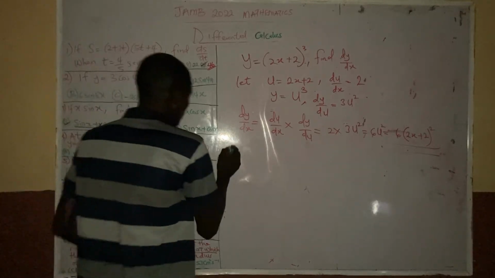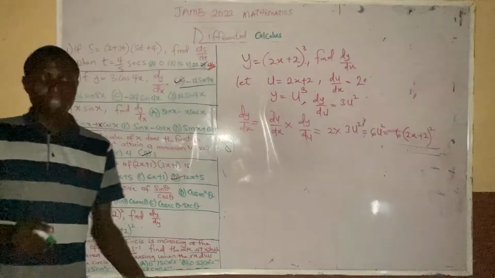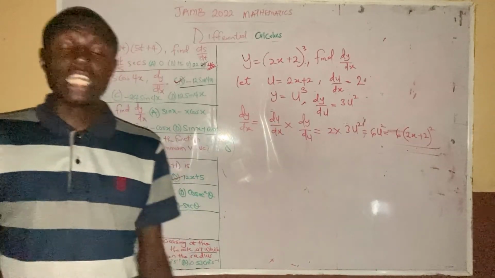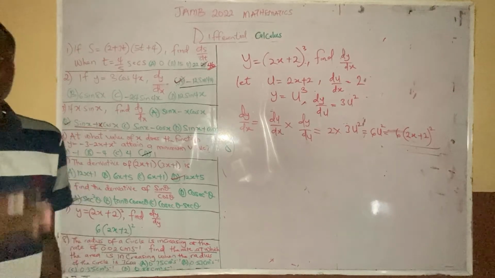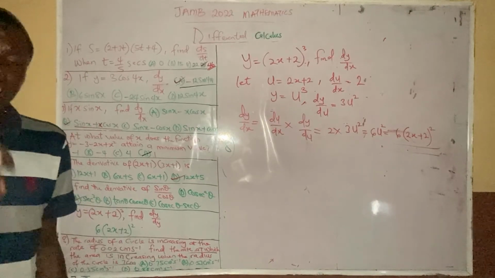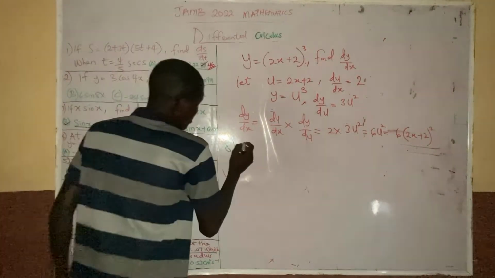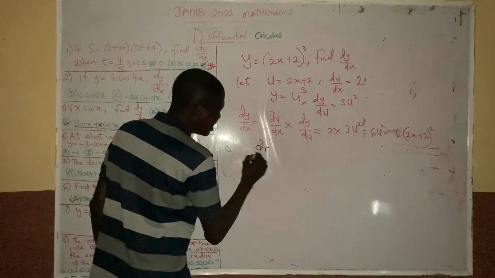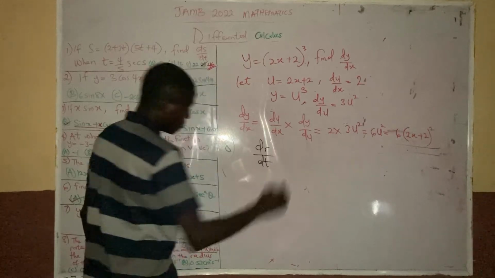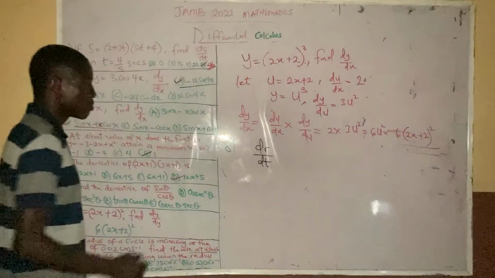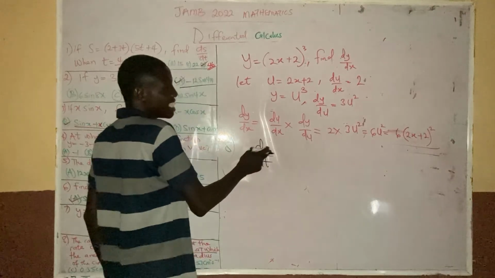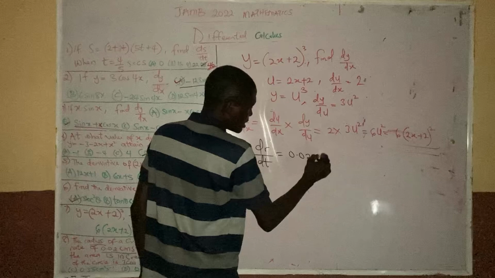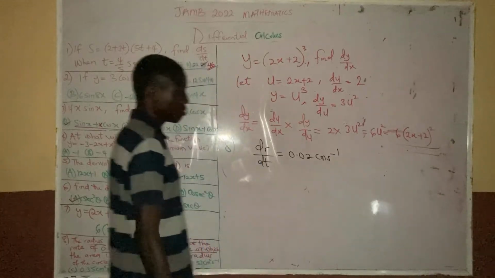Now remember question number 8. Listen very carefully. This one is also an application, and what you see here is the rate at which the radius is increasing, that is the rate of change in radius with change in time. So dr/dt is equal to 0.02 centimeters per second.